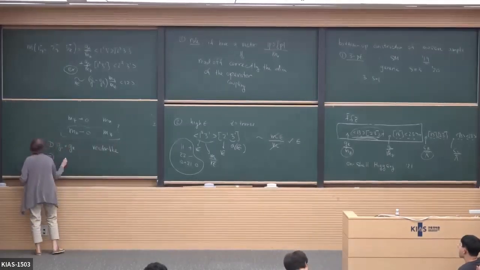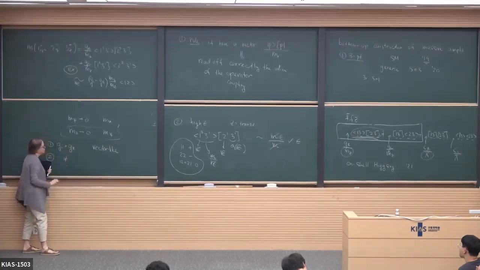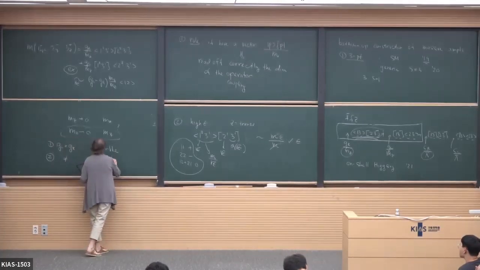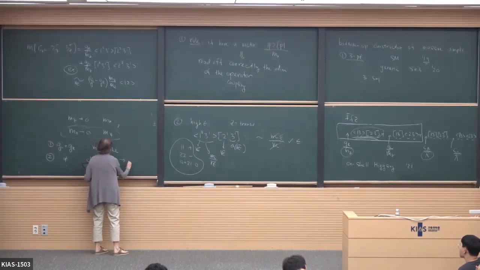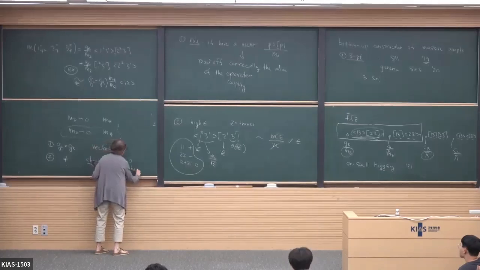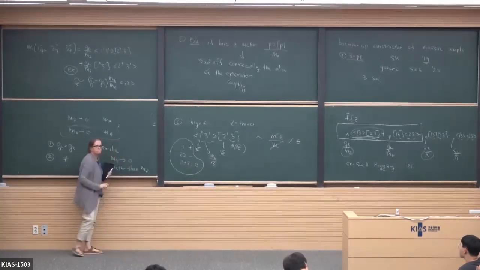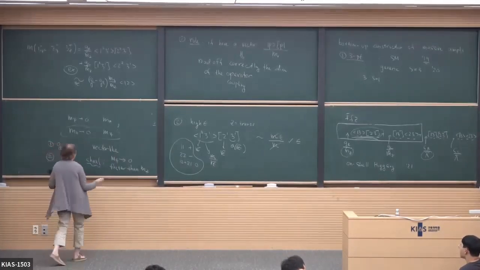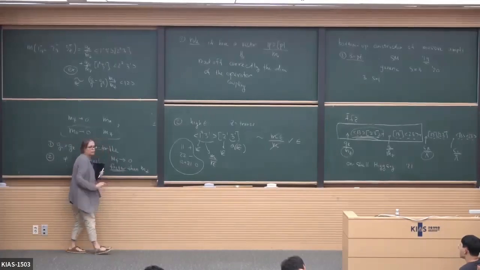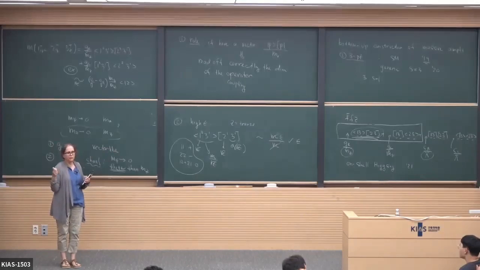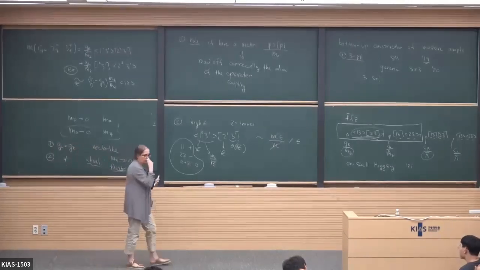But if GL is not equal to GR, I have a fermion with chiral couplings, then m psi has to go to 0 faster than mz. Faster or the same, but not slower. So I cannot take mz to 0 without taking the fermion mass to 0. This is something that we totally expect from the Higgs mechanism.